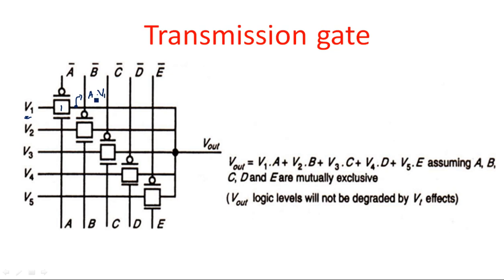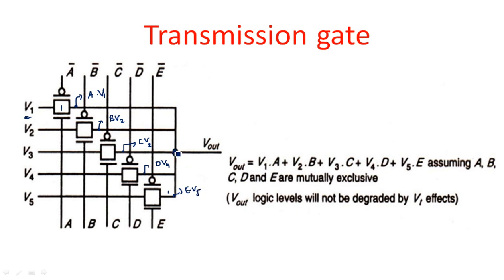That means if A is equal to 1, the output is V1. If A is equal to 0, the output is 0. Similarly here it is B into V2, here C V3, here D V4, and here E V5.